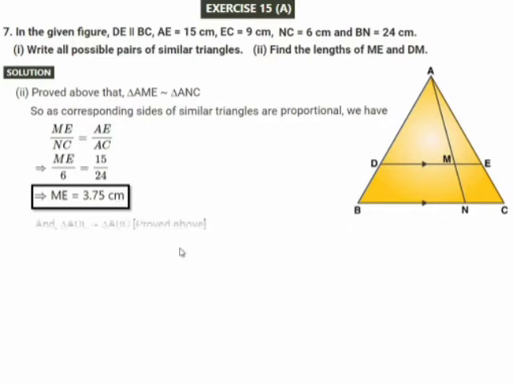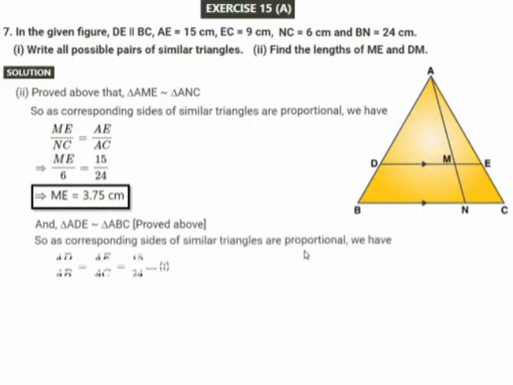Next, triangles ADE and ABC are similar, right? ADE, that is this bigger triangle, and ABC, that is the biggest triangle. If they are similar, you know that the corresponding sides are proportional. That is, this happens. Now let's put in the values of what we know.